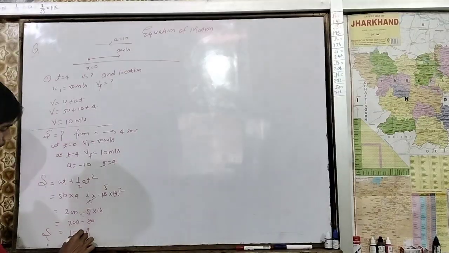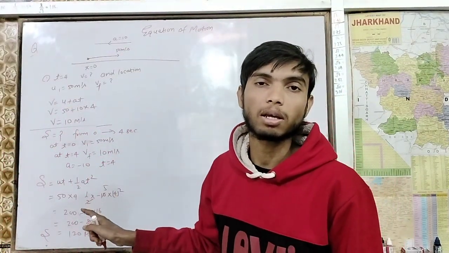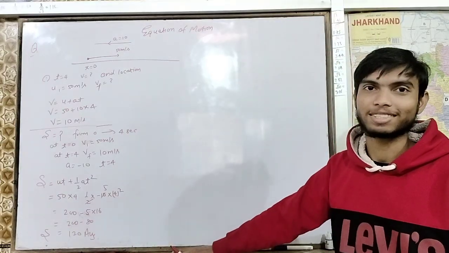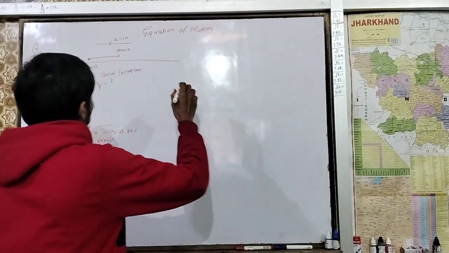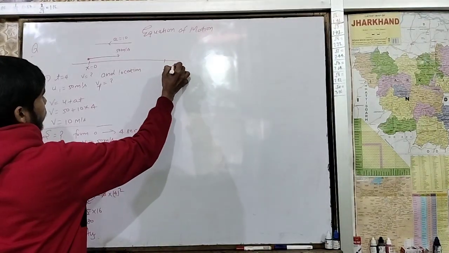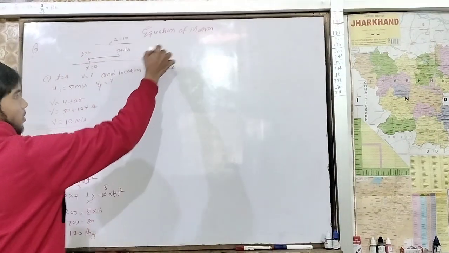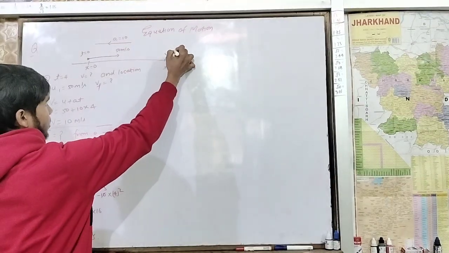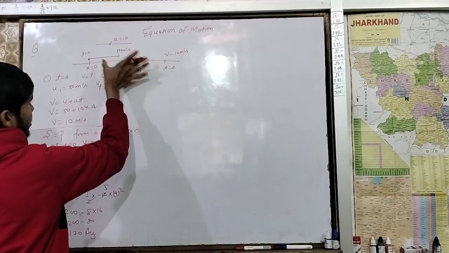Try to understand what is the meaning of this answer. 120 is telling you that from here, where t was 0, to here, where t is equal to 4 seconds and the velocity was 10 meter per second, the question is asking for this displacement.